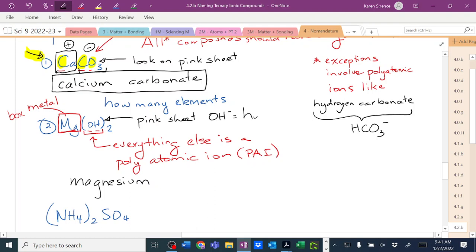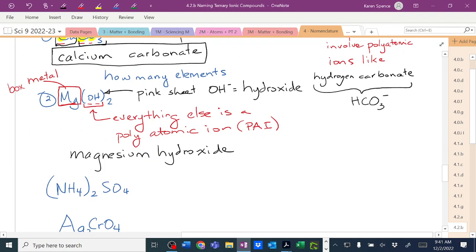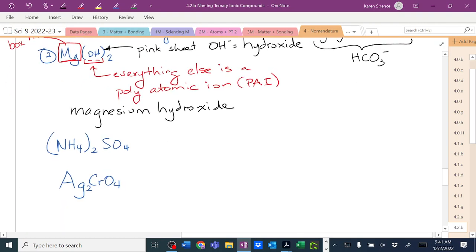OH minus is hydroxide, yes. So we know that we are now going to name that second part hydroxide. And that's it.